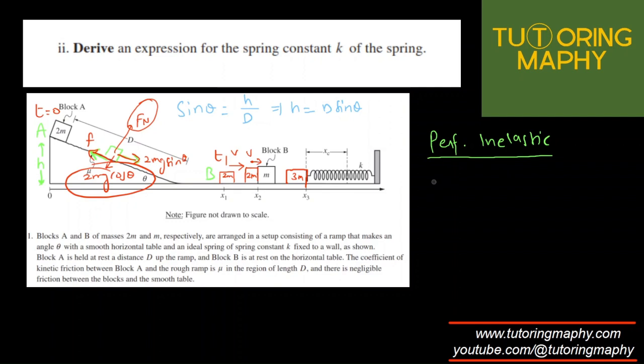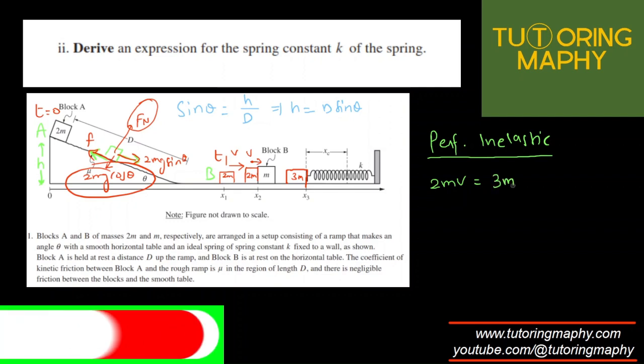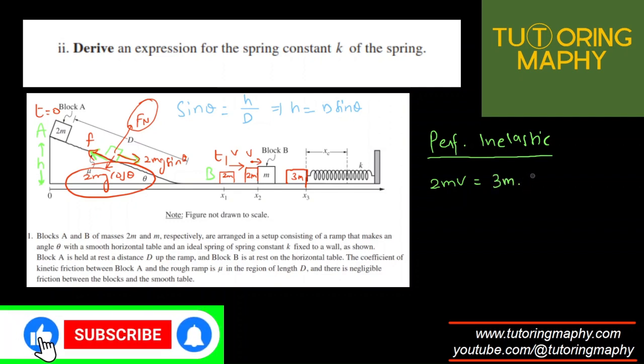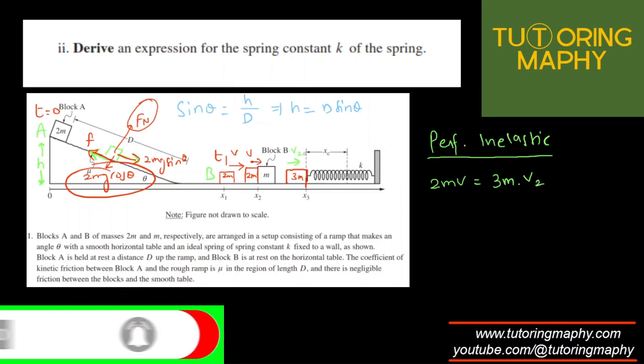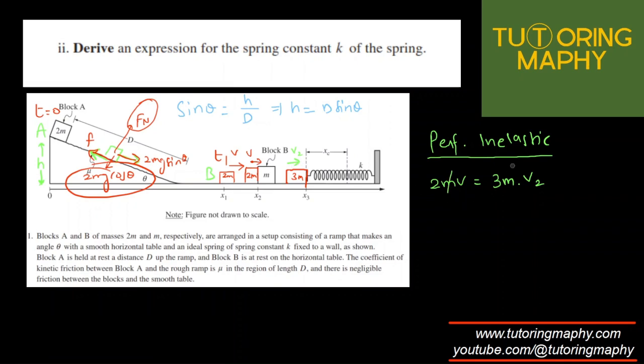So you're going to say that initial momentum, which is 2m times v, is equal to the final momentum. Final momentum is 3m, guys. Why 3m? Because they stick to each other, and let's say v2 is the new velocity after they stick together. So m and m is gone, so I'm left with 2/3 of v is v2, or v2 is 2/3 of v. How's that going to help us?